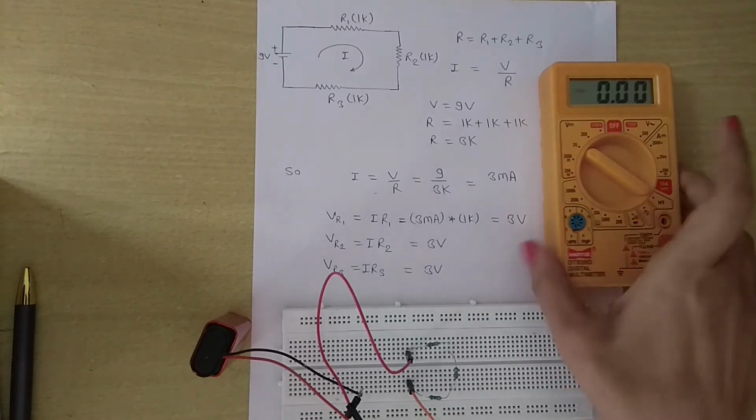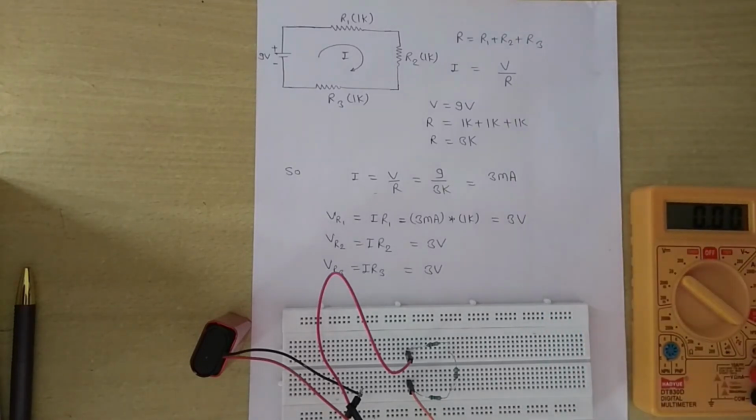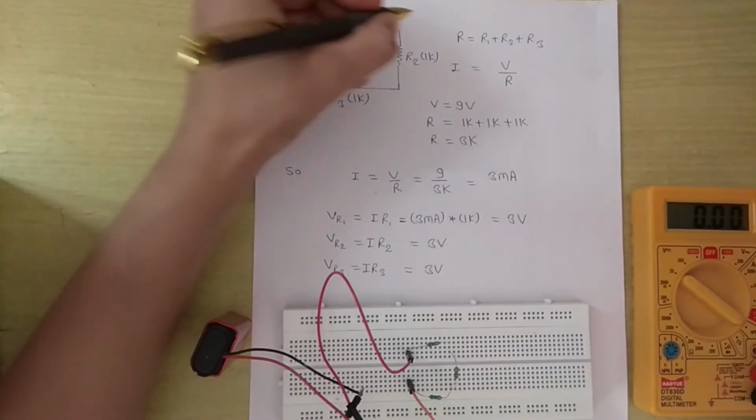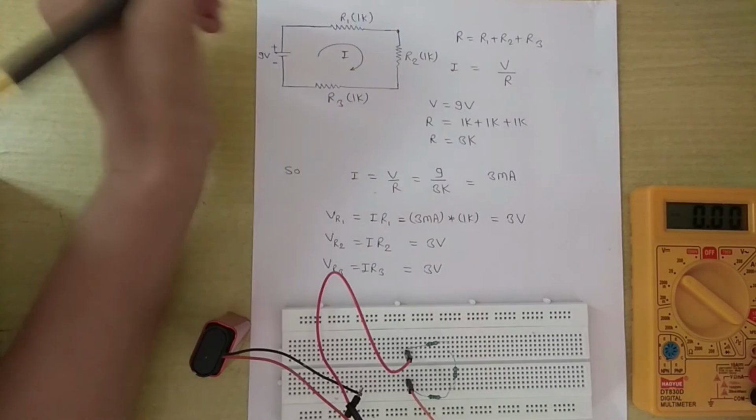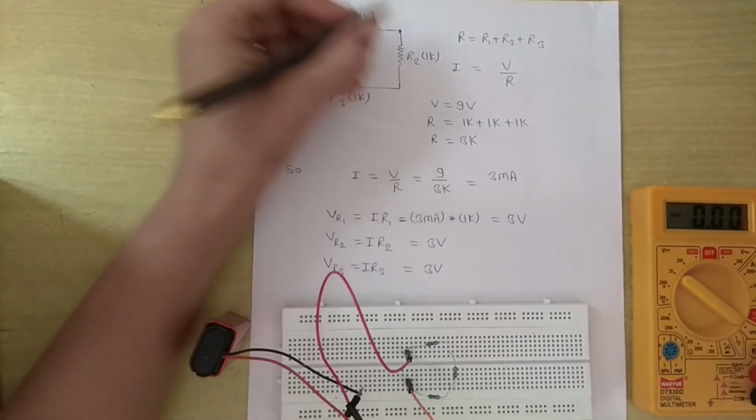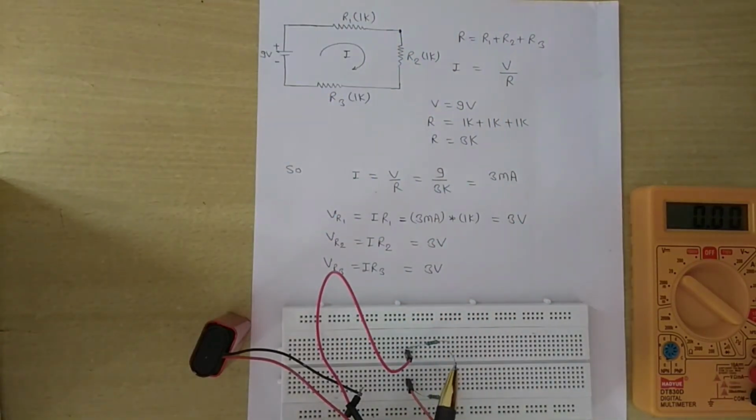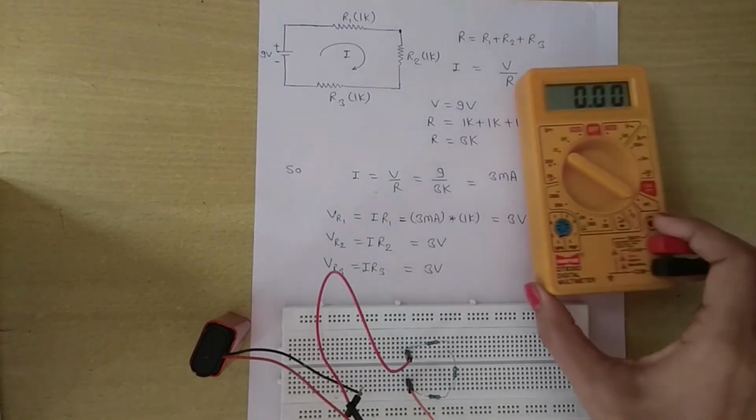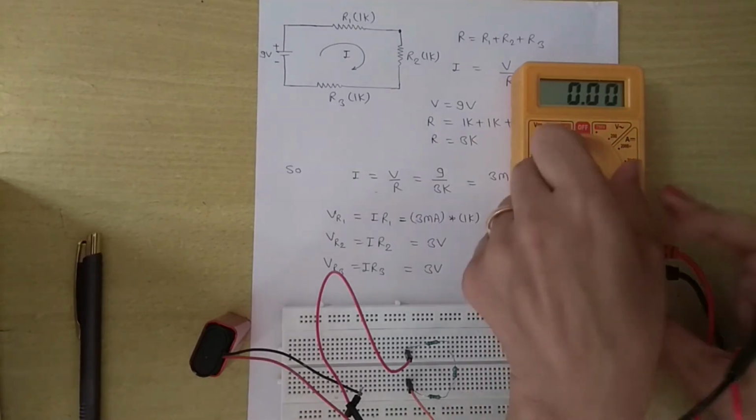Now we will see how we can measure current. For current measurement, you all know that we have to break the circuit and place the ammeter in the path. So I am breaking my circuit from this position. That means between this resistance and this resistance, in between these two positions I am placing this meter in current measurement range.